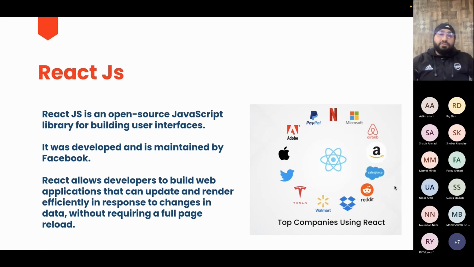So React allows developers to build, I would say, single page web applications that can update and render in response to change of data without requiring a full page reload. That actually means in a single page application, you see one page getting loaded, and then you will see a lot of components that could be rendered asynchronously, and that will change the data, and you will see things popping up here and there onto the web page dynamically.